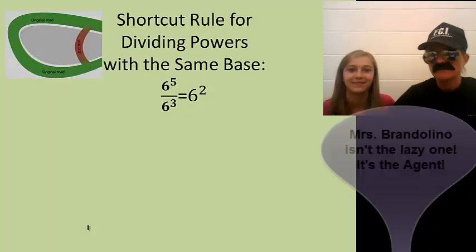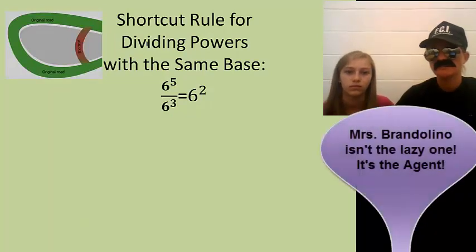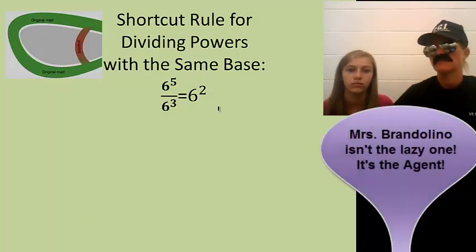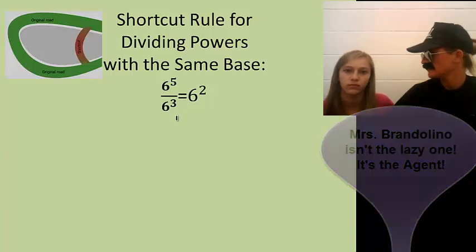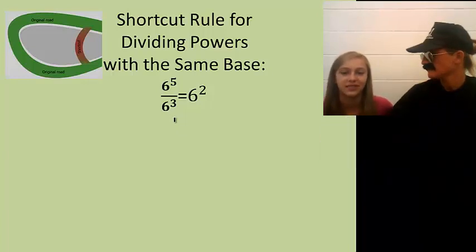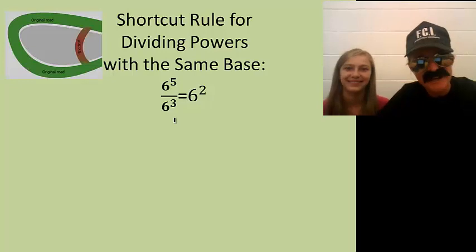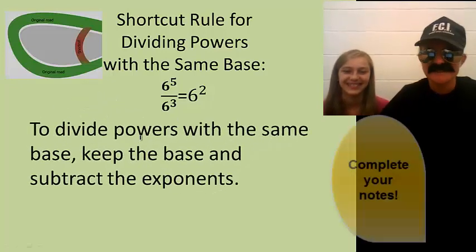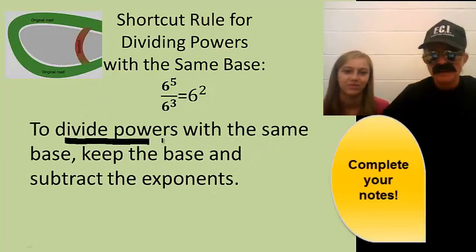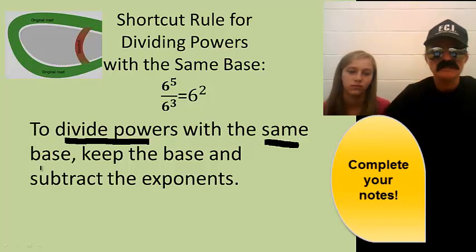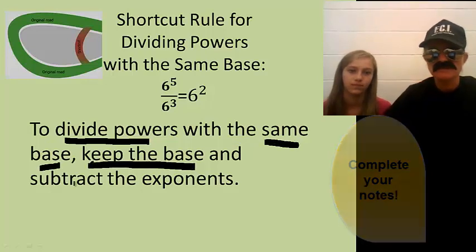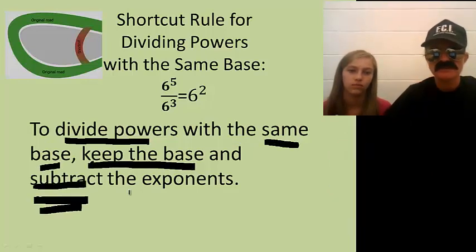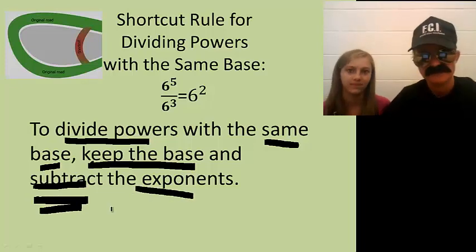Shortcut. If you are dividing with the same base, what do you think you need to do to the exponents? Subtract. So smart. When you divide powers with the same base, keep the base, subtract the exponents.